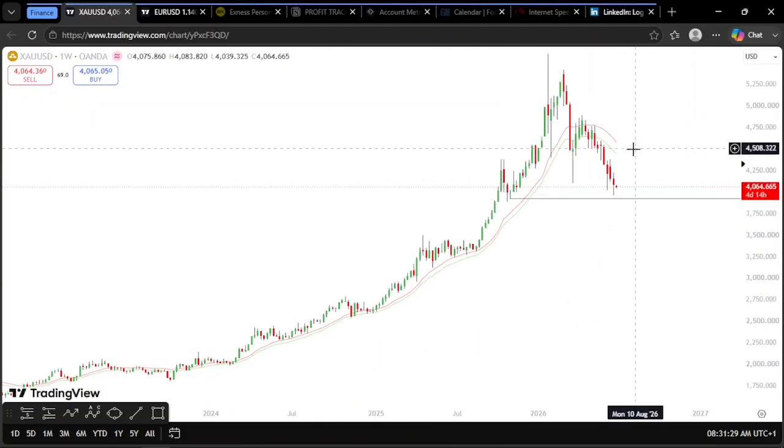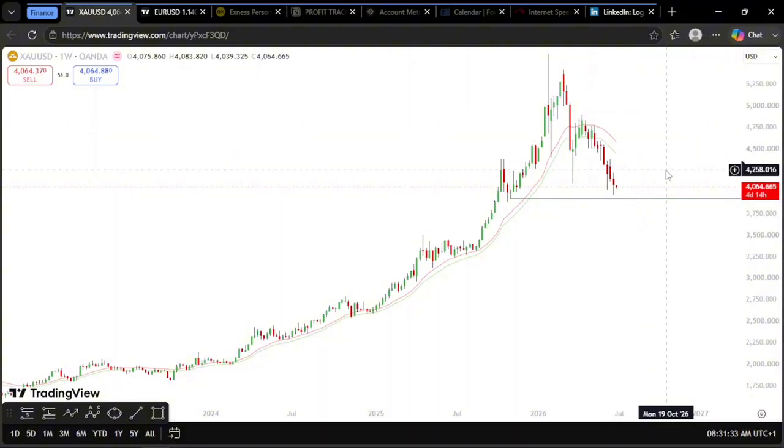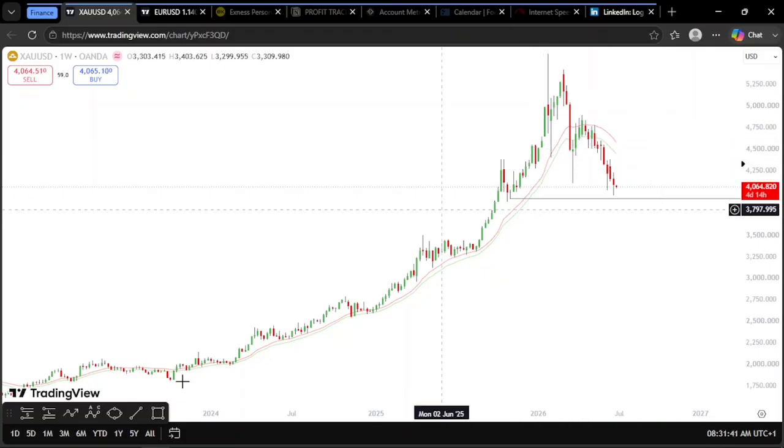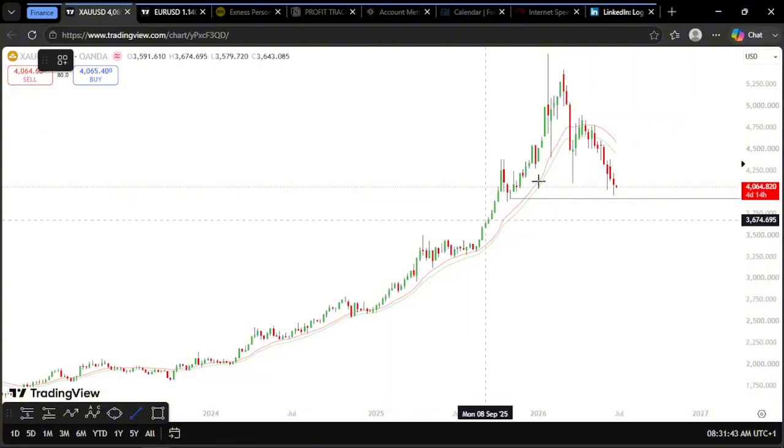On this weekly time frame here, we are still bullish, and the reason is that our recent structure low on the weekly time frame is still this area here.